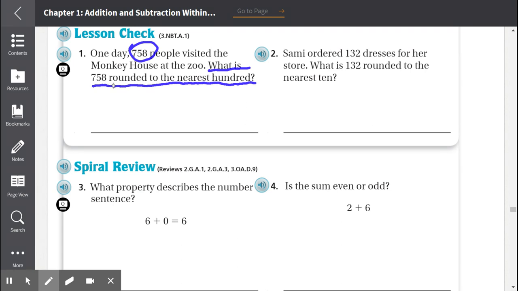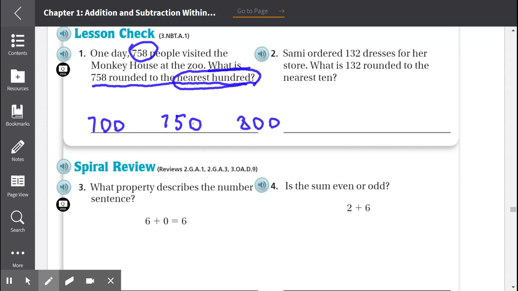So we know we're going to be rounding, and we're going to round to the nearest hundred. So let's see. 758 is between the two hundreds 700 and 800. The number that's right in the middle of 700 and 800 is 750.